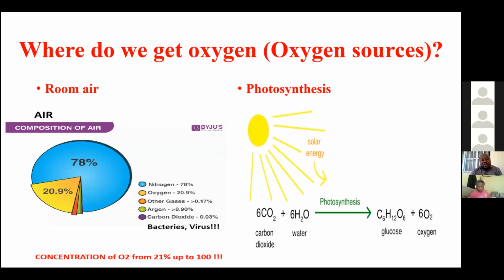In our environment, we have 21% oxygen, from which we may have an oxygen saturation of 90 to 95 to 100 on room air without any supplements. But when we are not able to use that oxygen because of different mechanisms, we need to supplement. That is one of the oxygen sources. Please.